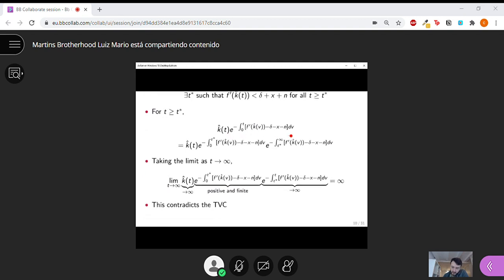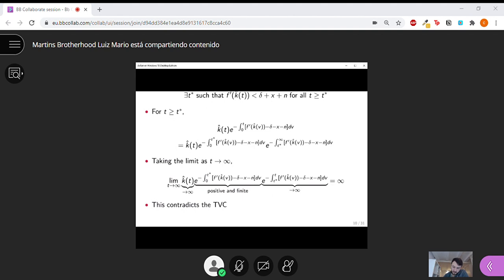Okay, and then the exponential of this integral is the exponential of the sum of the integrals. I can also split the exponential. So I have the exponential of the integral from 0 to t star and the other one. Now, as t goes to infinity, this is not going to change because it doesn't depend on t.